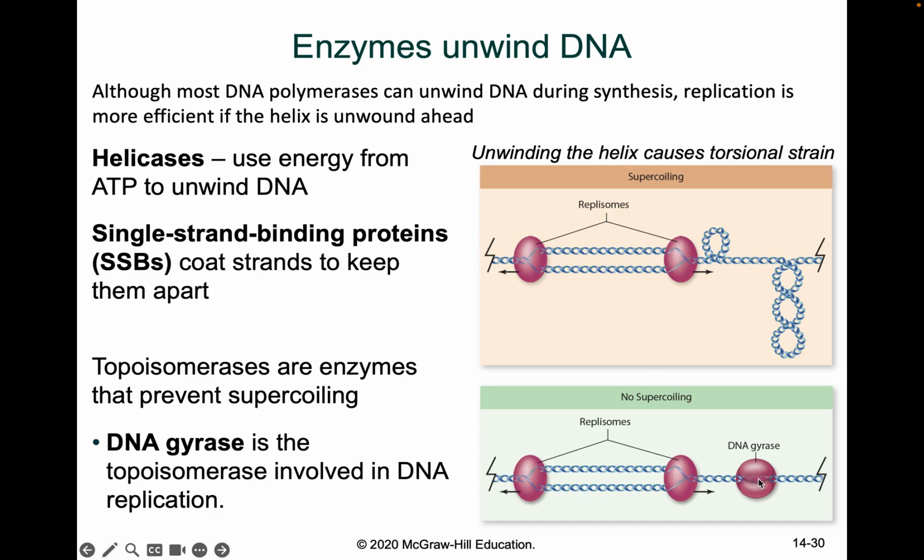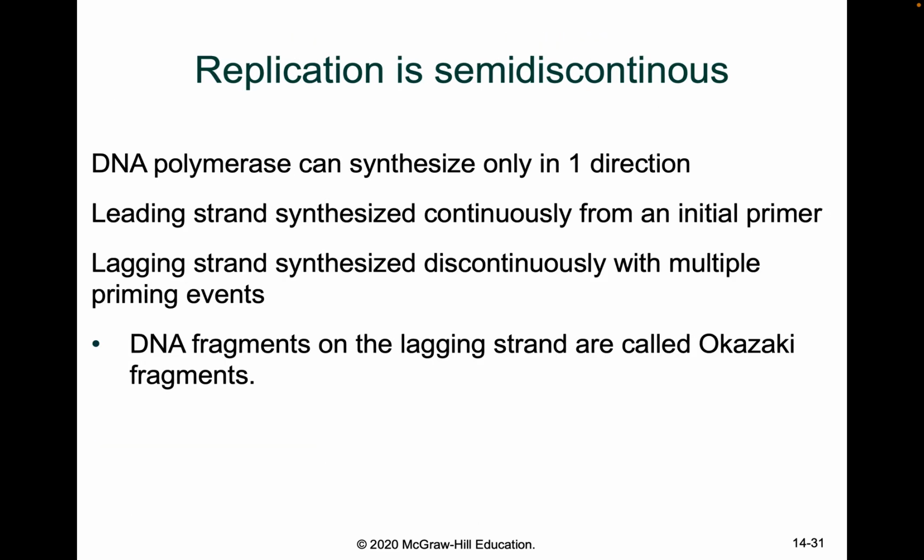When you put in the DNA gyrase, it prevents this supercoiling. So topoisomerase is just a type, and one of them is DNA gyrase, which prevents these supercoils. So that's the initiation. Now we've opened this up, we've prevented the strands from binding to each other, and we've prevented the supercoils. So now we can move on.